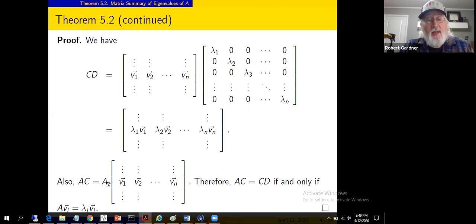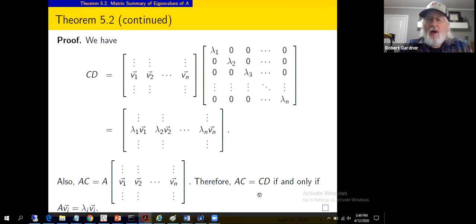So the only way we can have equality of AC with this CD stuff, so equality implies that lambda 1 v sub 1 equals matrix A times vector v sub 1, lambda 2 v sub 2 equals A times vector v sub 2. In general, A times v sub j equals lambda sub j times v sub j.